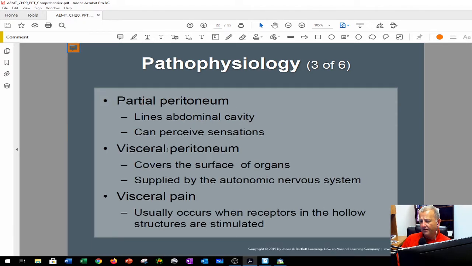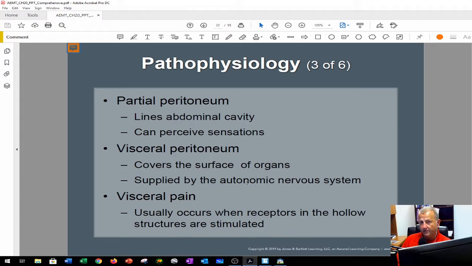We'll get to the deferred pain in a second, but it tells you that the parietal peritoneum, again, is going to line the abdominal cavity, and visceral covers the organs. And visceral pain, remember, is going to be associated with the organs. It occurs when receptors are stimulated. Now, these receptors are called stretch receptors.